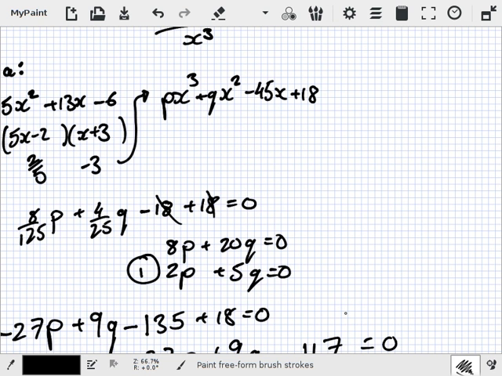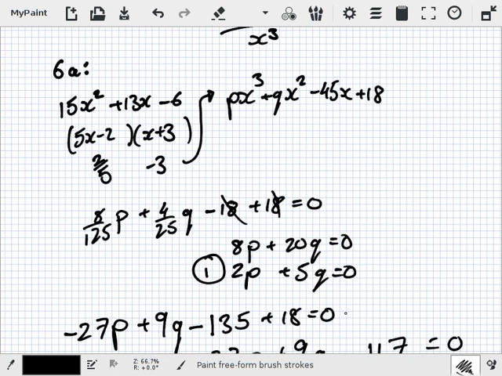Yeah, factors are fine. It's 15, isn't it? You lied to me. You said the factors were 5x minus 2 and x plus 3. How's it 15? I got the same factors either.